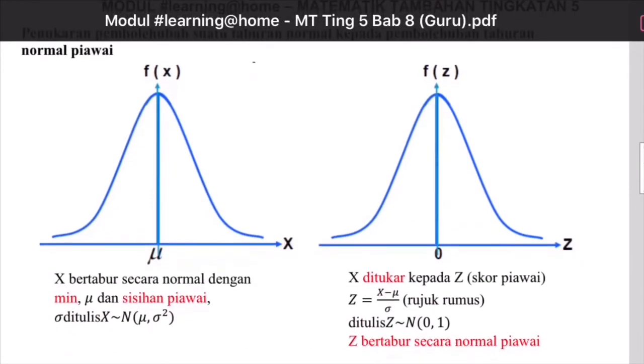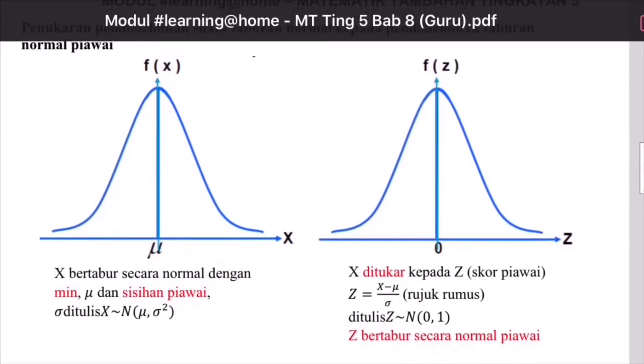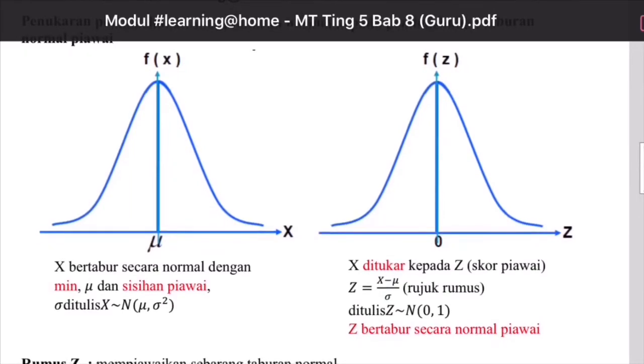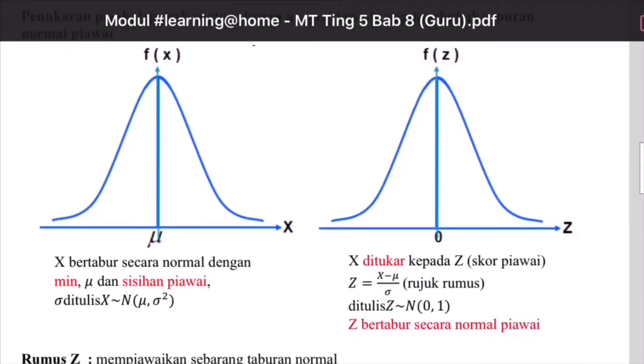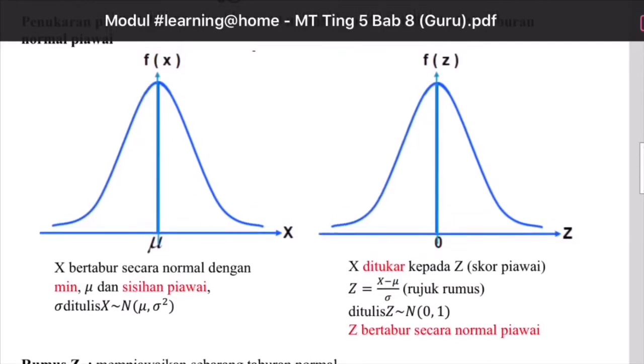For the function of x and function of z, we must know that x is a normal distribution variable and z is the standard normal distribution variable, and their relationship is z equals x minus mean over standard deviation.